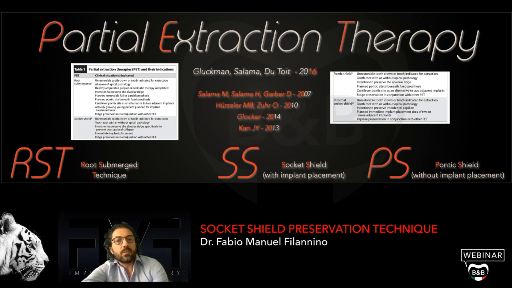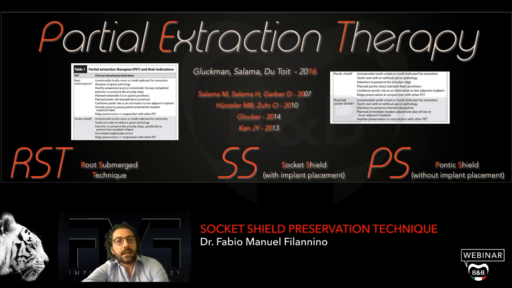The second group was the socket shield from the article of 2010 of Hürzeler and Zuhr, and then the Pontic shield. The Pontic shield was considered with the biomaterial, but there's another kind of Pontic shield, the Gluckman technique, that is with collagen into the gap, with no biomaterials.